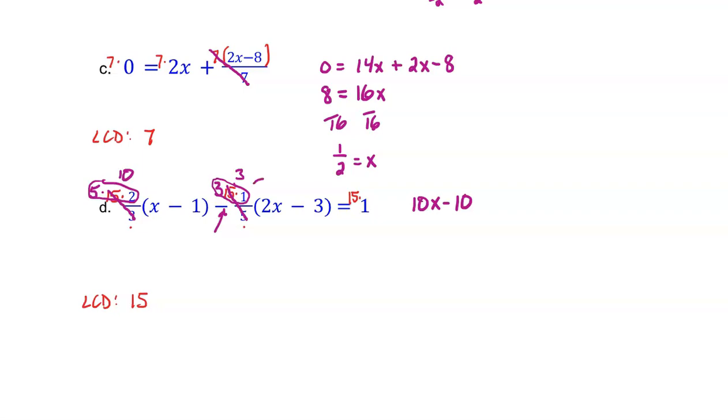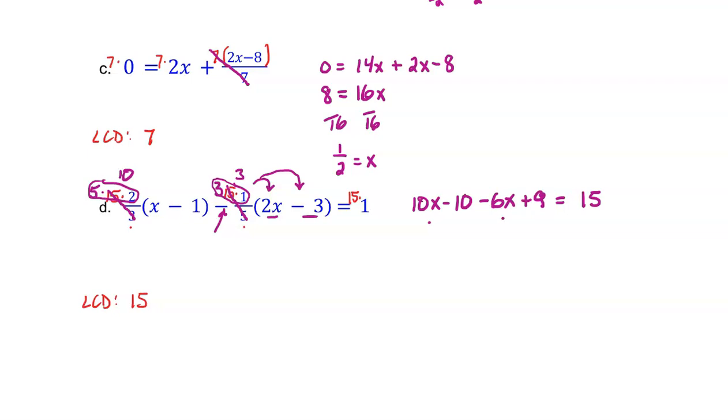And then that negative 3 will be distributed to both things in the parentheses. So negative 3 times 2x is negative 6x. And negative 3 times negative 3 is positive 9. Now on the right side, is it still a 1 over there, or is there going to be a new number? 15 times 1 is 15.